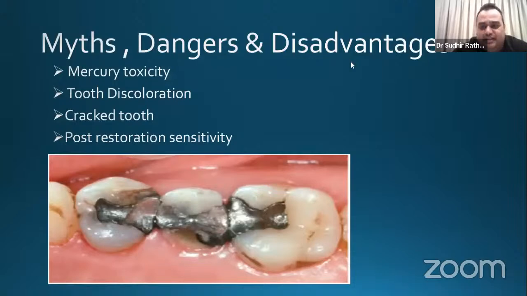But as time progressed, advances in technology also influenced advances in dental technology and materials, and we now are finding restorative materials that are more aesthetic, less destructive, and, on the benefit of the patients, a little bit more economical as well.